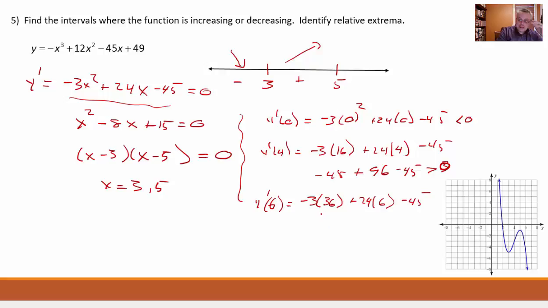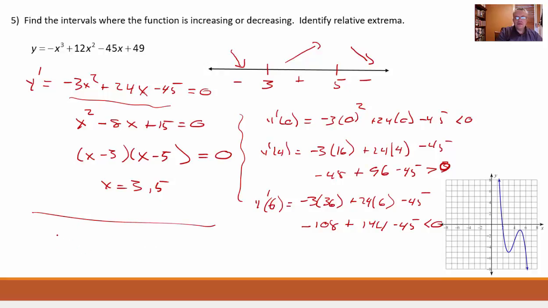Okay, so that's minus 108, plus that would be 120, 144, minus 45, and if you add that up, you get a number less than 0. So the derivative is negative there.